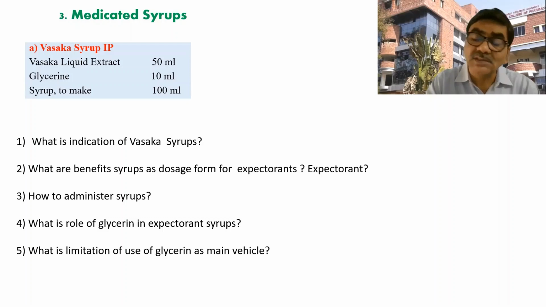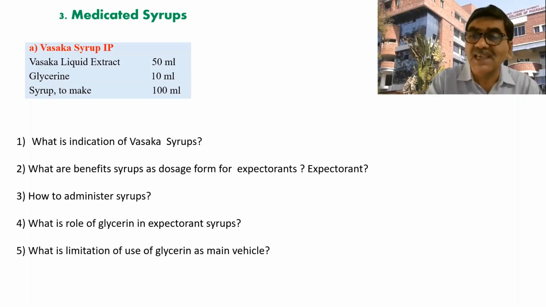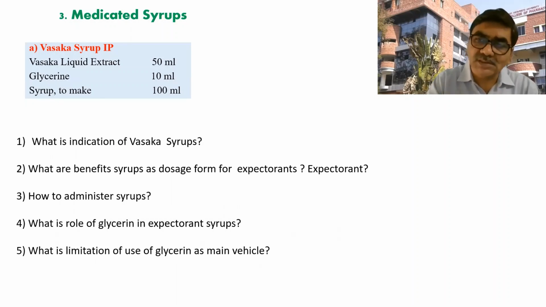The point is, which ingredient present in the Vasaka is the expectorant, and which ingredient is a bronchodilator. For that, what is an expectorant first? Expectorants are different, cough suppressants are different. An expectorant expels the cough, removes the mucus.